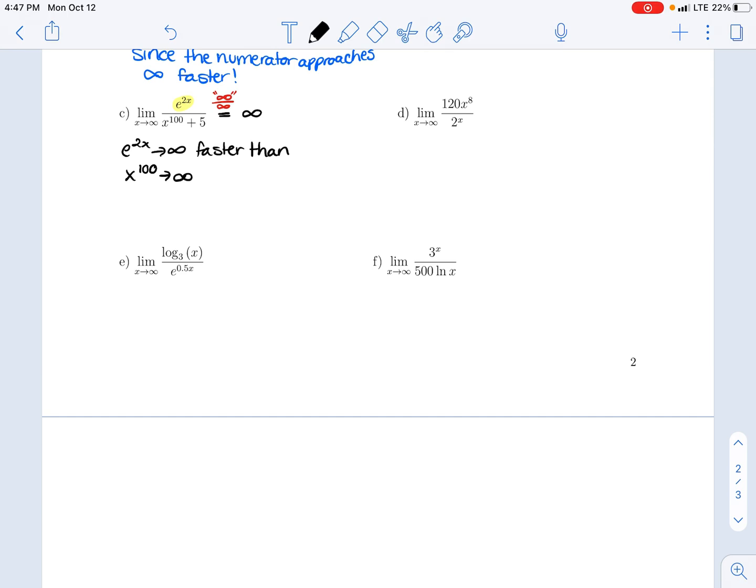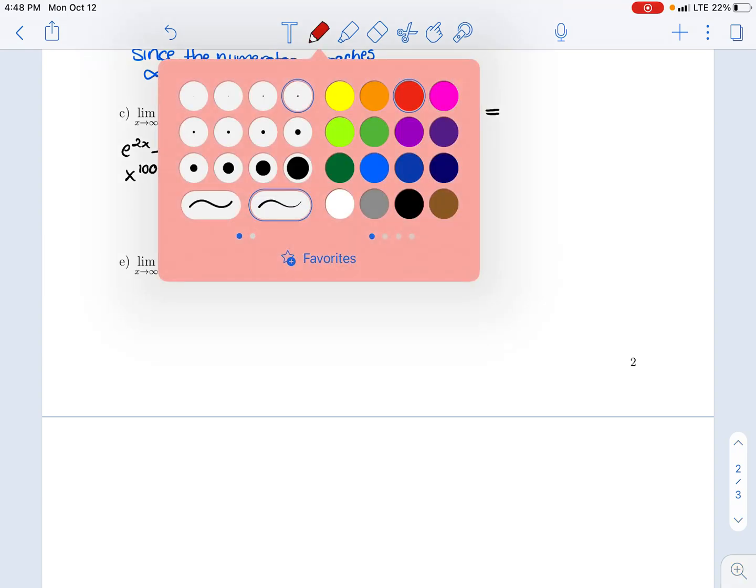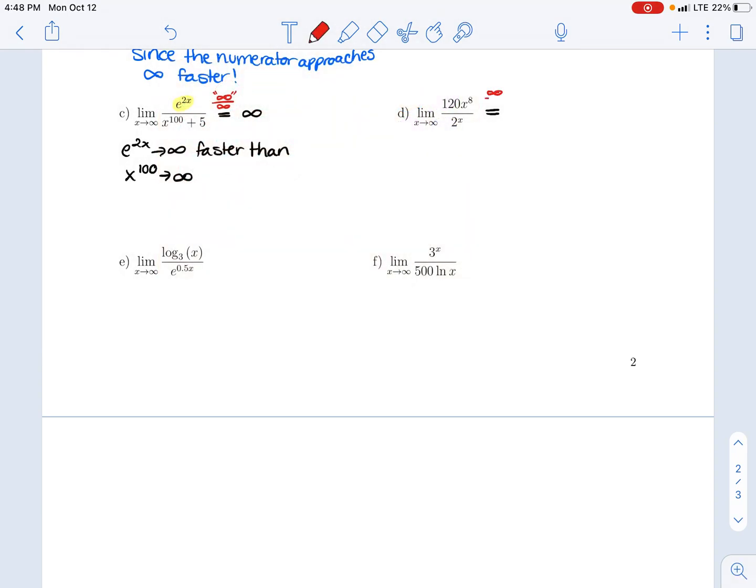Okay, how about part D? Well, here I see my power function, 120x to the 8th, and I notice there that my coefficient is positive and that my power is positive. Okay, and so I know that that means that as x approaches infinity, my numerator is also going to approach infinity. What about my denominator? Well, that's also going to approach infinity because there I have an exponential function where the base is greater than 1.